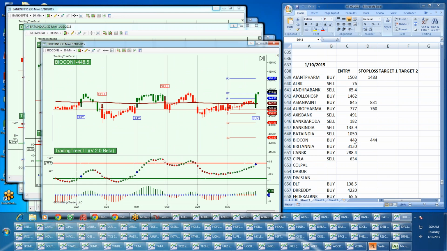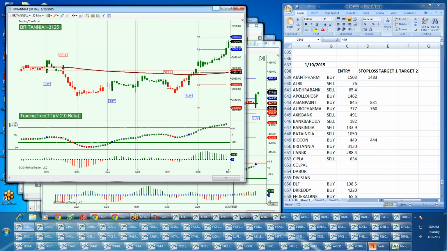So Biocon we have 449 buy. My target for this will be, you can book the profit here, the first target.